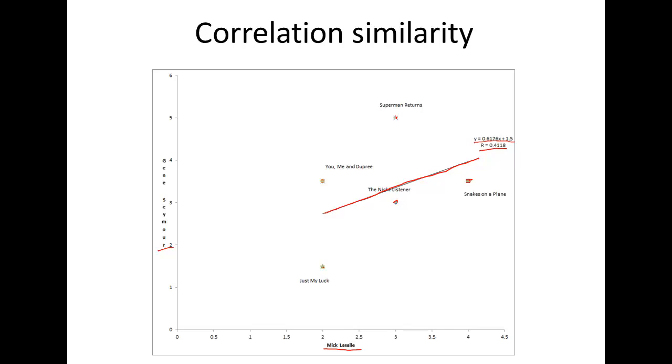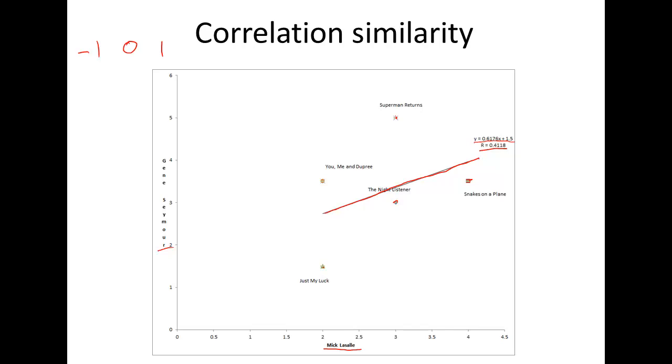So they're not moving very well together, but still there is a correlation there. This we can use for similarity as well, because you remember correlation went from -1, which was moving in opposite directions, to 0, to +1. So really, the closer it is to +1, the better the correlation.